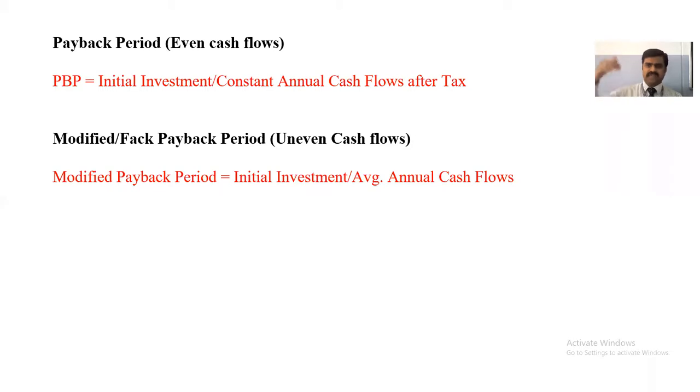When your cash flows are given, say first year 10,000, second year 15,000, third year 20,000, fourth year 15,000, you add all that and divide by the number of years, and you will get the average annual cash flow. And using this formula, you can calculate the modified or fake payback period.